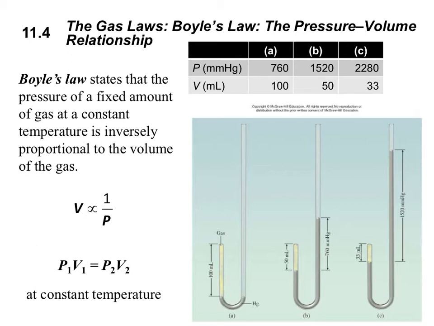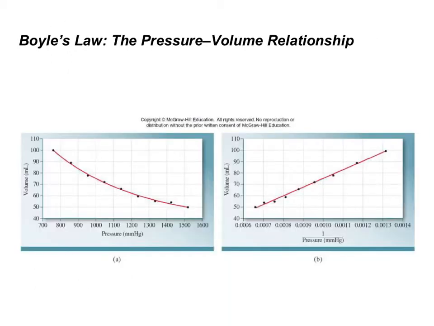Or in other words, if you decrease the volume, the pressure will increase, and if you increase the volume, the pressure must decrease. Although the relationship between pressure and volume does not seem to be linear, if we look at volume versus the inverse of pressure, you will see that it is perfectly linear.